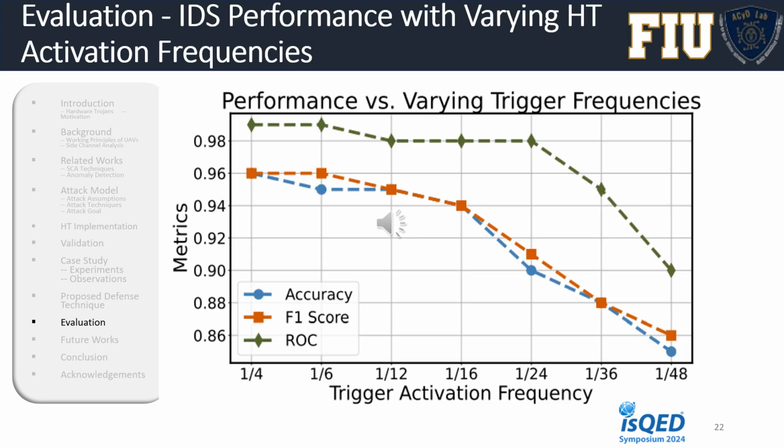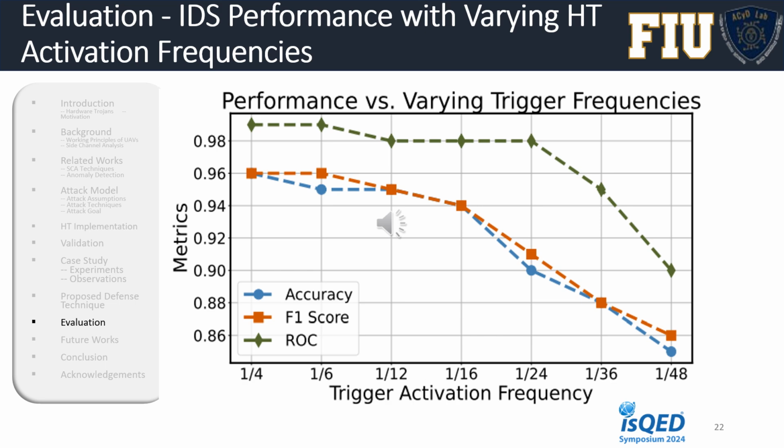So as you can see on the graph here, we have our IDS performance with varying hardware Trojan activation frequencies. This is to answer the first research question. And we could see a performance versus trigger frequency graph here. We have different metrics. In this case, the metrics that we used are accuracy, F1 score, and ROC.